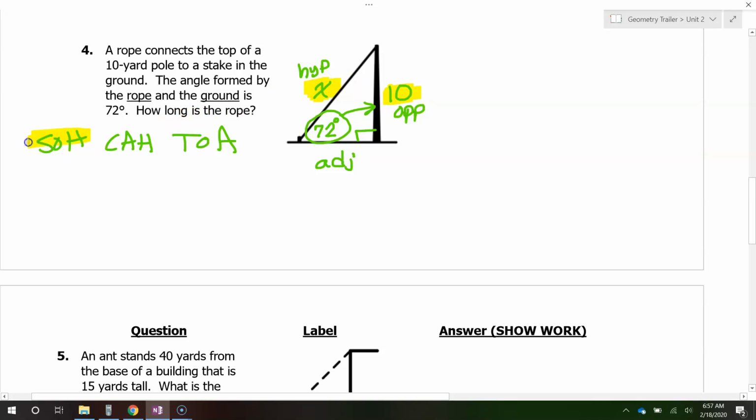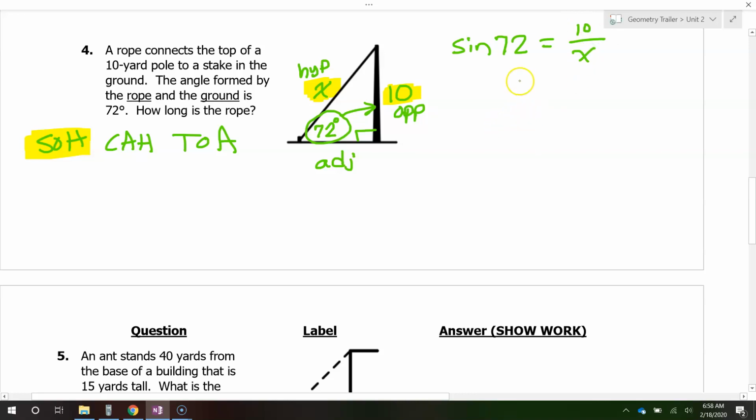Opposite hypotenuse, that is the sine function. So that's the one we're using. So we will write sine of the angle we circled, which this time we actually have a number there. And sine is opposite over hypotenuse. So that's going to be 10 over x.